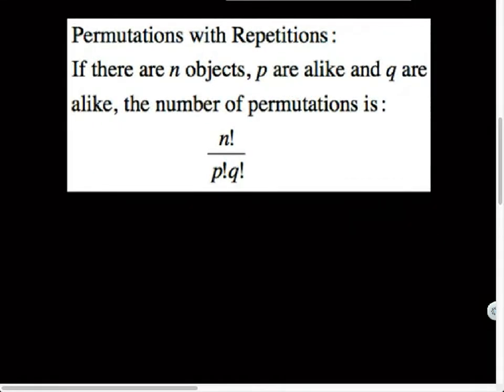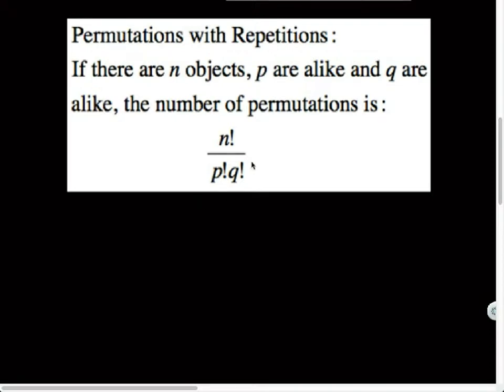So, permutations with repetitions. If there are n objects, p are alike and q are alike, the number of permutations is n factorial divided by p factorial, q factorial.